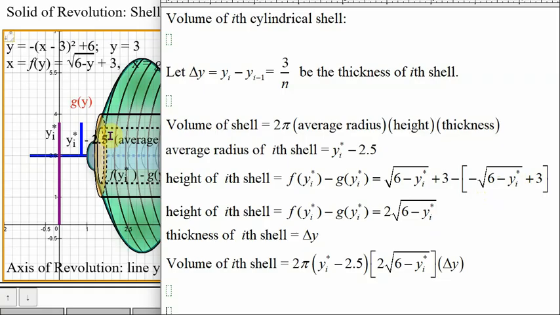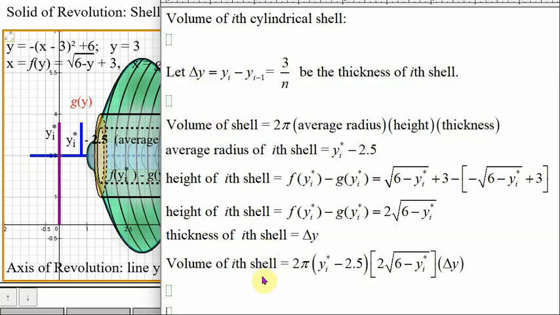Let's make the thickness of all the shells the same. The original region ranges from 3 to 6, so we make the thickness of each shell 3 divided by the number of shells, and let's call it delta y.